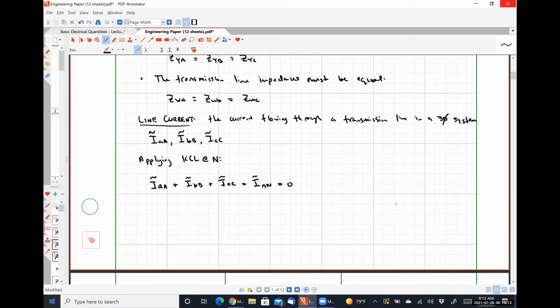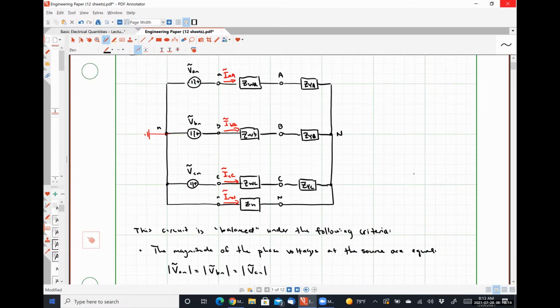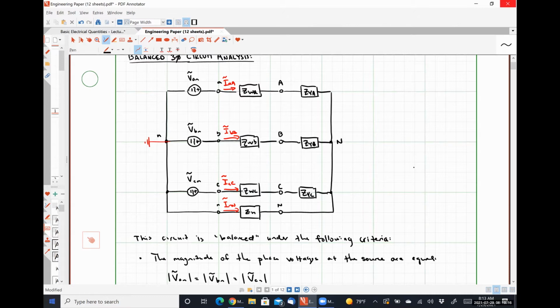Then, using Ohm's law, I want to express these currents in terms of known voltages effectively. What I'm saying here is that current IAA is leaving the voltage source VAN and flowing to the load side neutral.